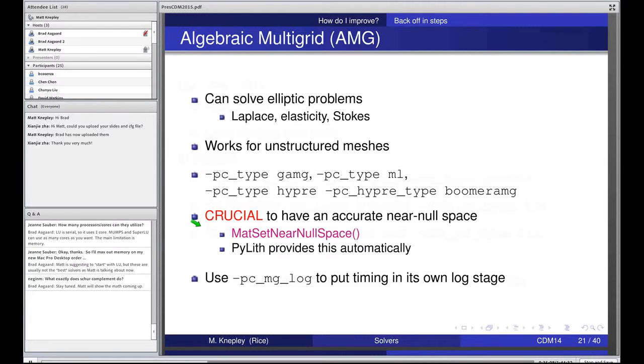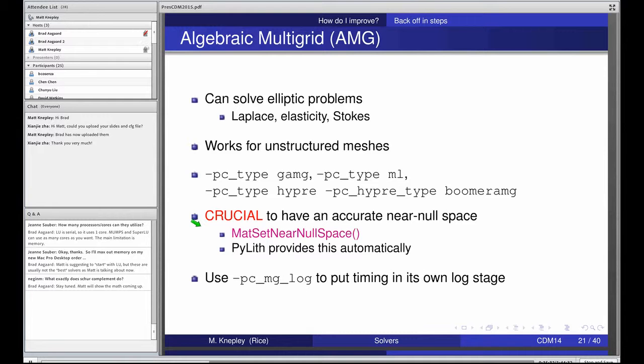We, however, tend to have elliptic problems in PyLith. And elliptic problems, there's a technical definition, but I think the physics definition would be problems that are completely coupled, like Laplace or elasticity or Stokes.